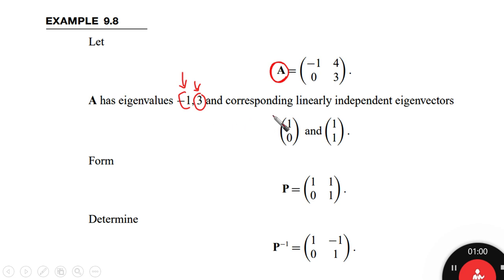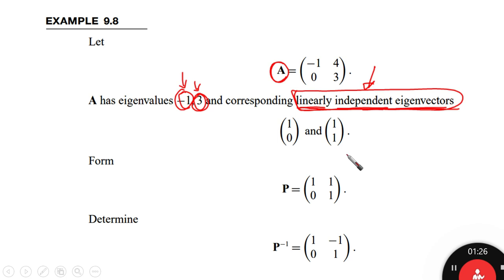And corresponding linearly independent vectors. Again, these words are significant, each one is significant. So they are linearly independent. It means that we have distinct eigenvalues for them. As you can see, we have distinct eigenvalues, so this means that we have linearly independent vectors. And I mentioned the meaning of independency regarding the eigenvectors before.